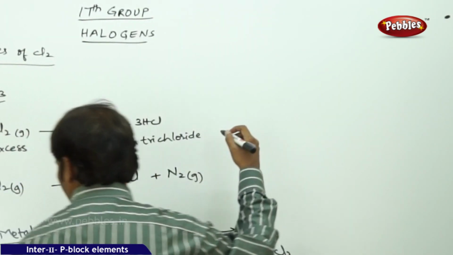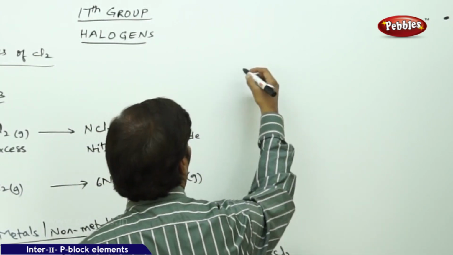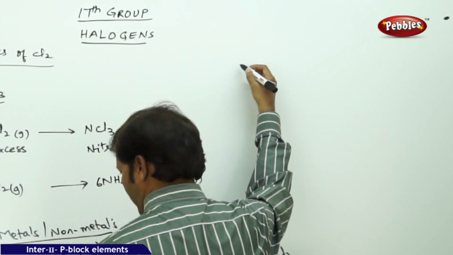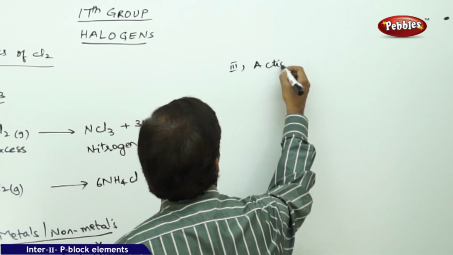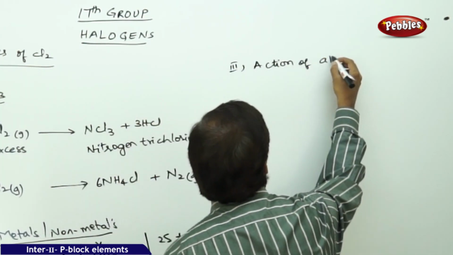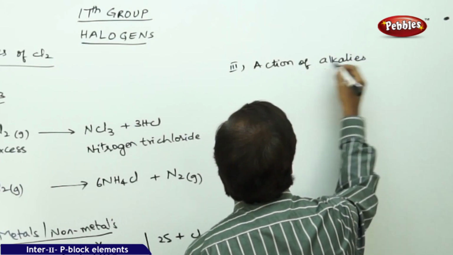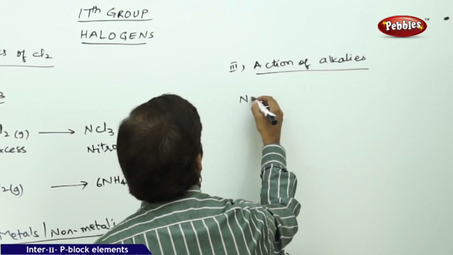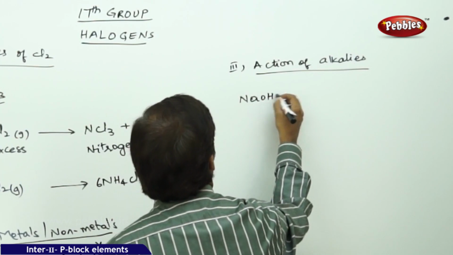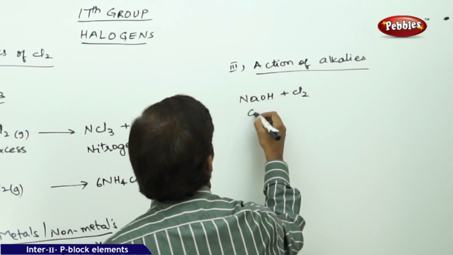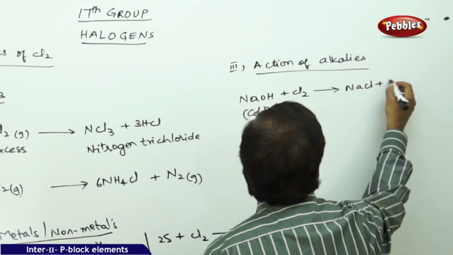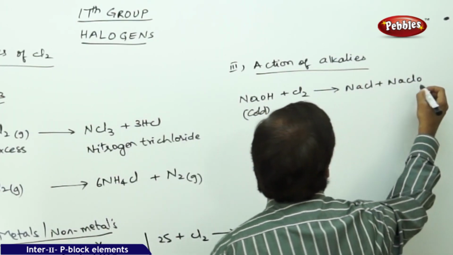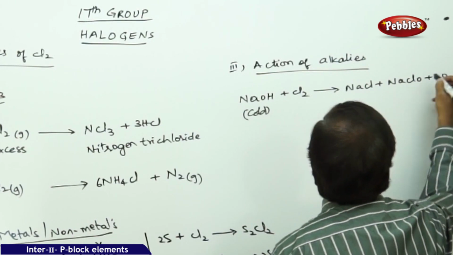Chlorine reacts with alkalis. Sodium hydroxide, when it reacts with chlorine under cold and dilute conditions, gives sodium chloride plus sodium hypochlorite plus H2O.